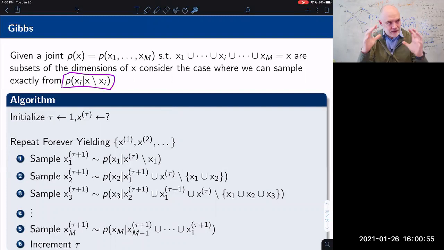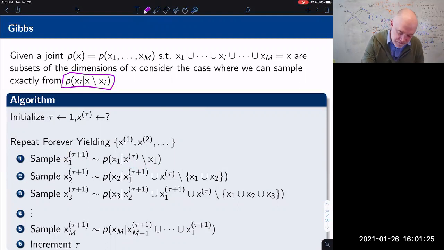We cycle through all of the subsets that we identify. You can think of them as individual variables. That's the way you start thinking about this. You sample one of the conditionals, so one dimension of your vector of X or set of random variables, from its conditional on the values of all the others except for that one.